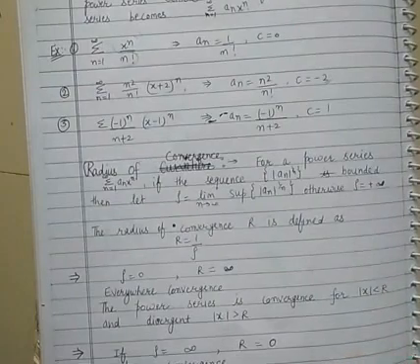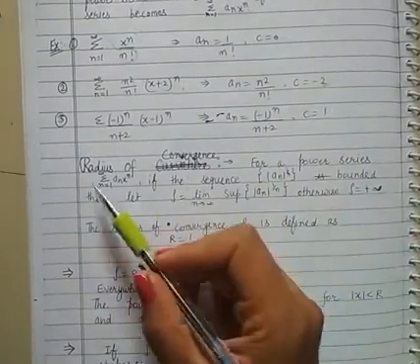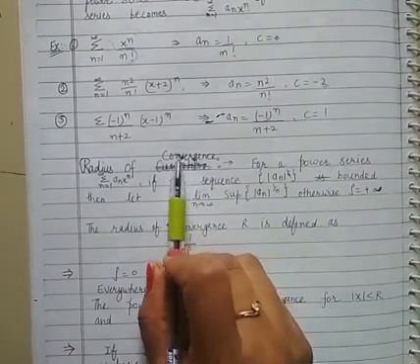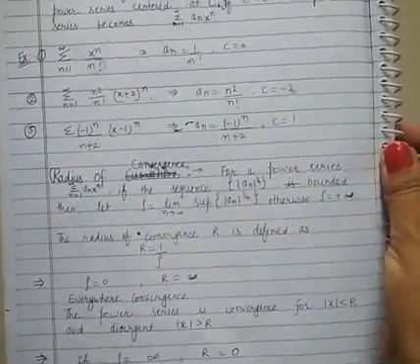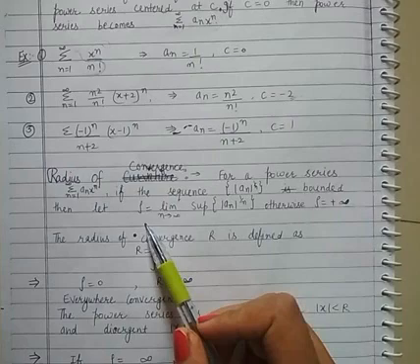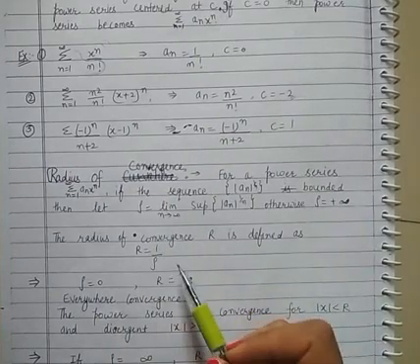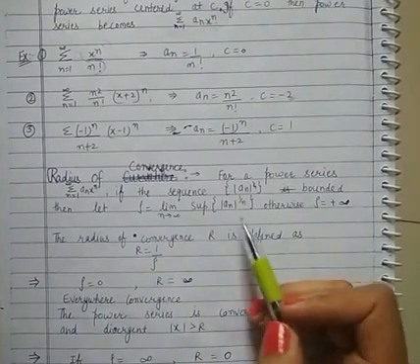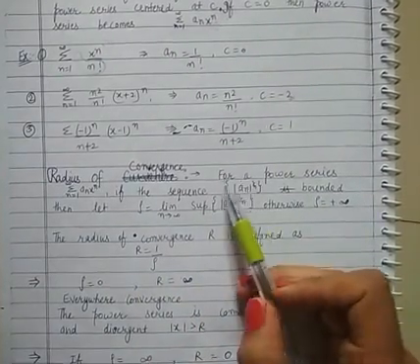We come to the next concept in power series, which is called the radius of convergence. This radius of convergence is a number, and this number comes from a limit of the coefficients. So how do we define this?